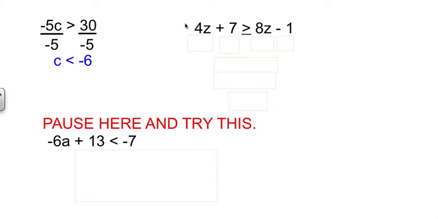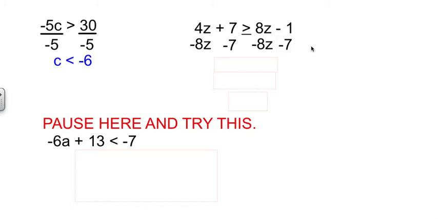It makes life easier for graphing it later and for being able to understand what your solution actually means. So I'm going to subtract the 8z to get it to the other side. So I'm going to have all my z's over here. That means I need to get rid of the 7, so I'll subtract the 7.